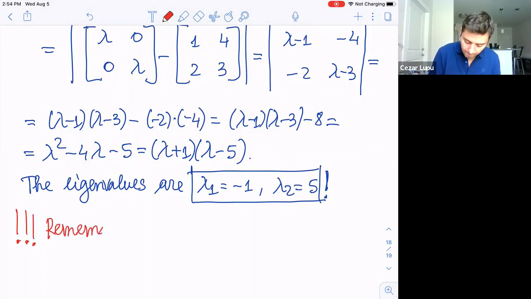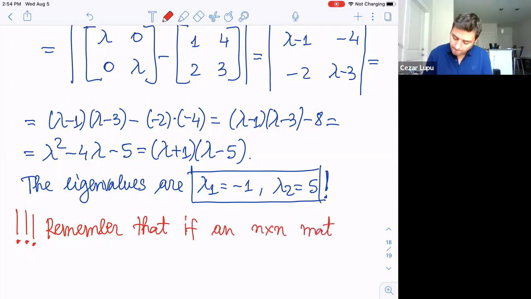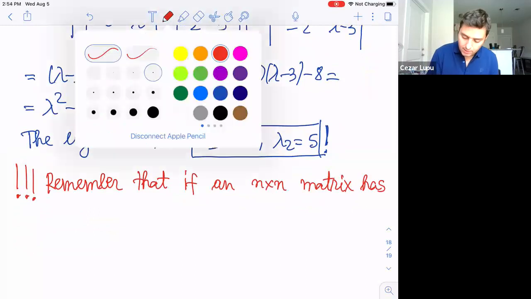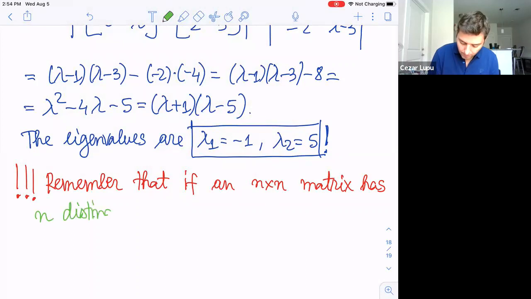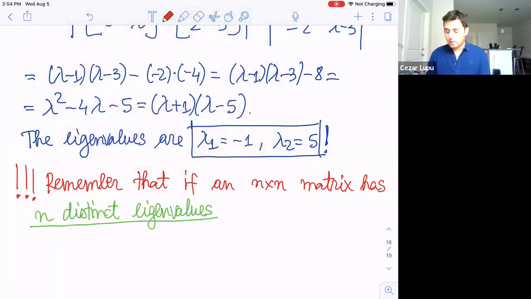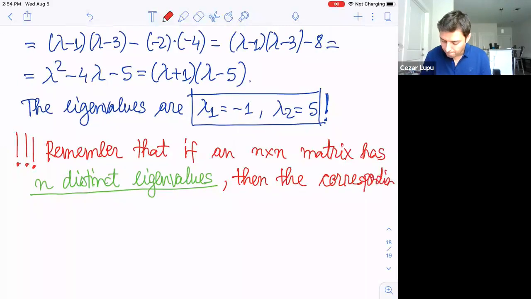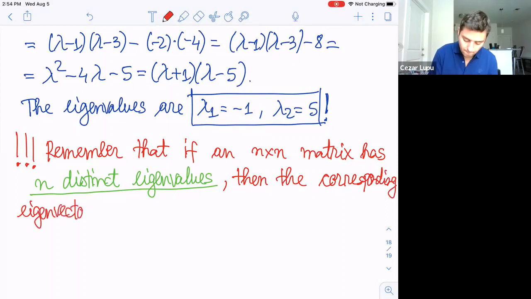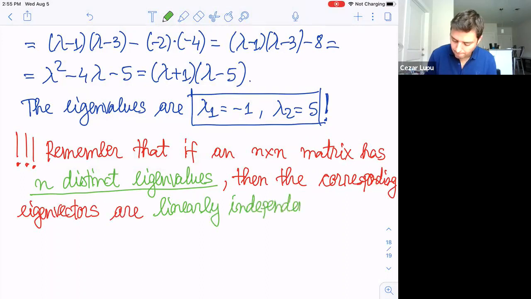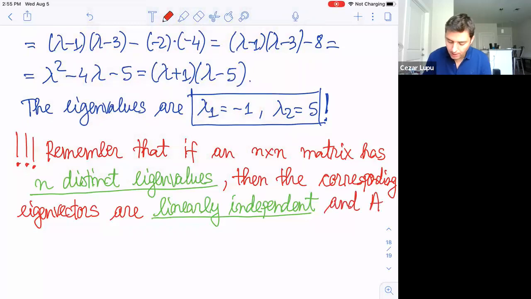Remember that if an n by n matrix has n distinct eigenvalues, then the corresponding eigenvectors are linearly independent and A is diagonalizable.